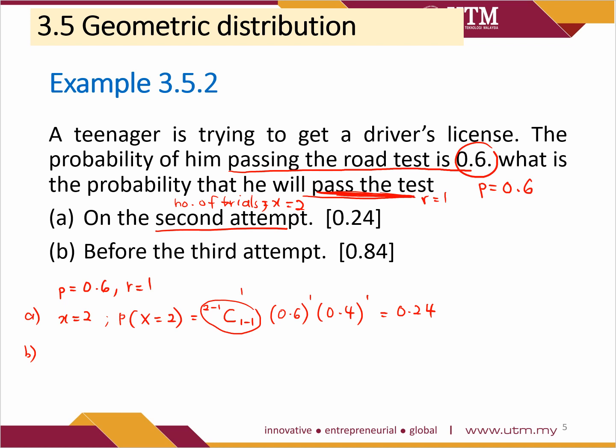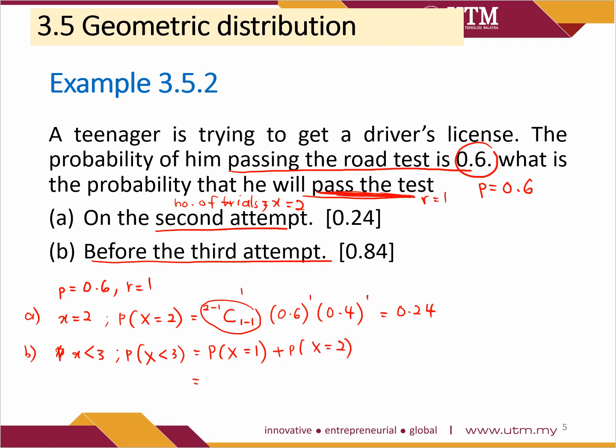And then for B, before the third attempt, meaning that the number of tries should be less than 3. To find the probability of x less than 3, you have to find the probability of x equal to 1 plus the probability of the number of trials equal to 2.